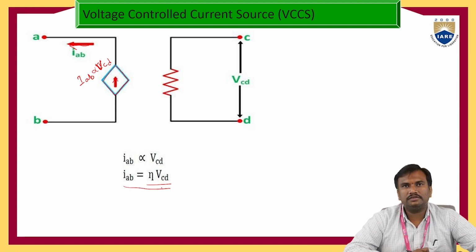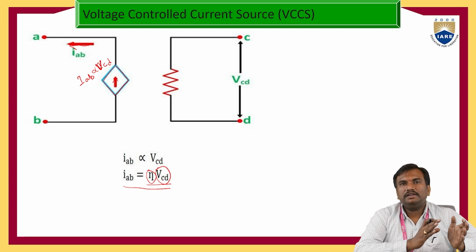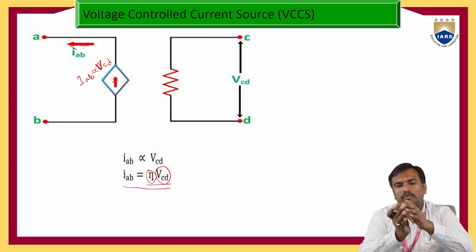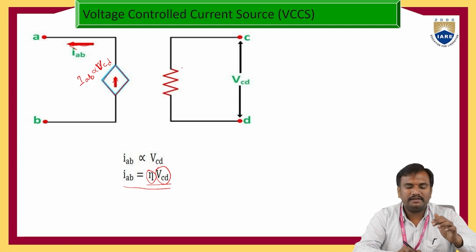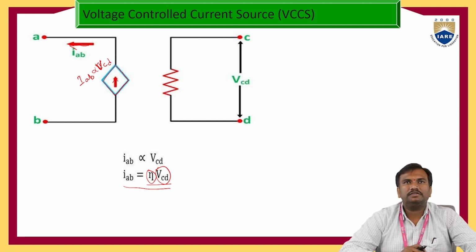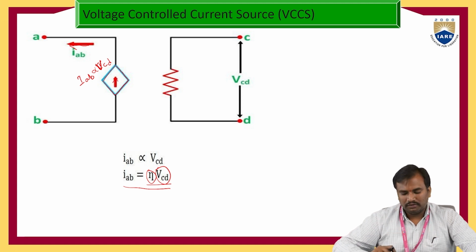So IAB is equal to some constant into VCD. Here, the current of the dependent source is proportional to VCD. So the voltage of a particular resistance is controlling the current source. That's why it is called voltage controlled current source.